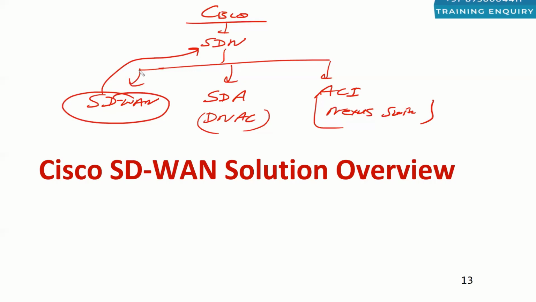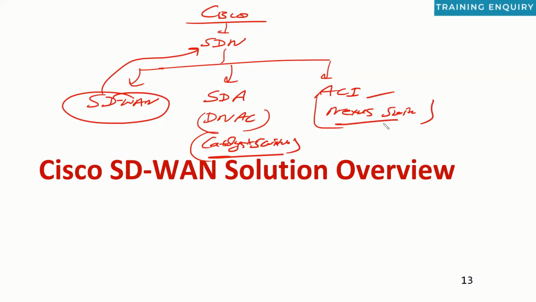There are some other technologies also, as I mentioned here. You can see SDA. Remember that SDA or DNAC is mainly useful for Catalyst switches. You can manage only Catalyst switches using SDA. In ACI, you can manage all your Nexus switches.